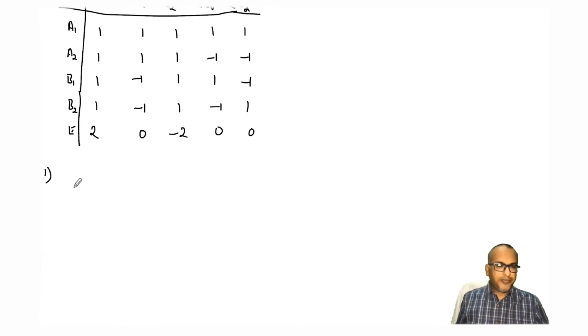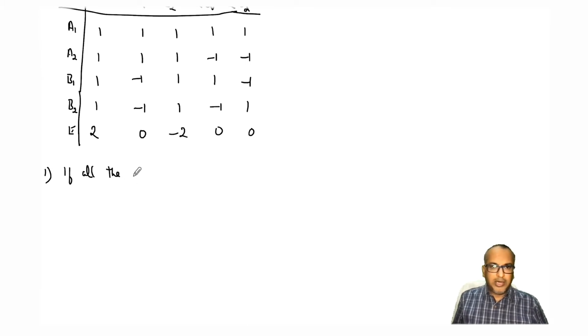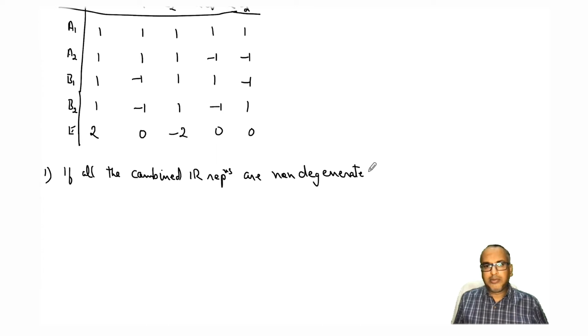I'll first write down the statement and then we will discuss using the C4V example. It says, if all the combined irreducible representations are non-degenerate, then the product will be a non-degenerate representation too.